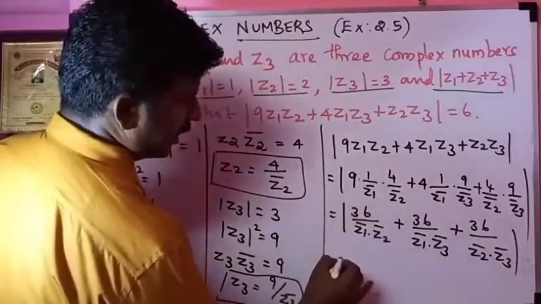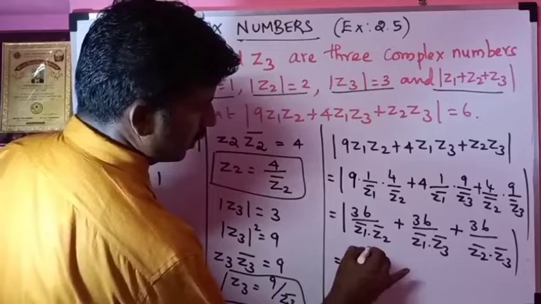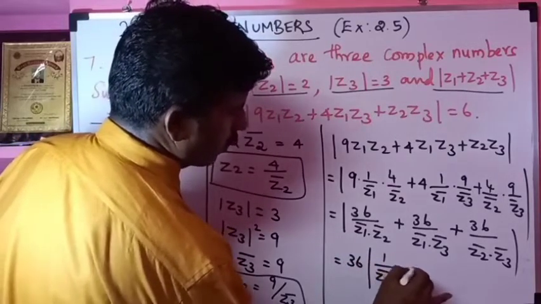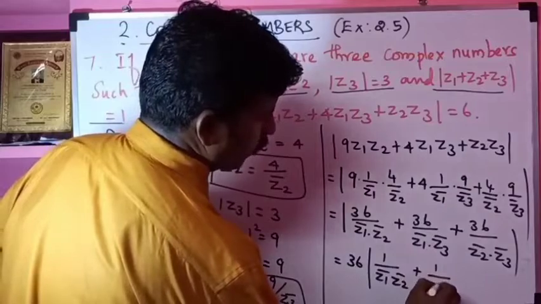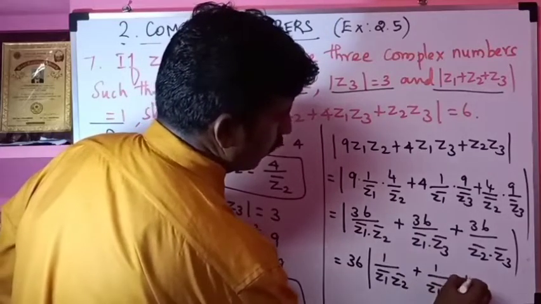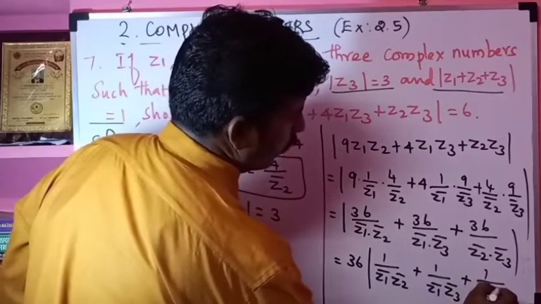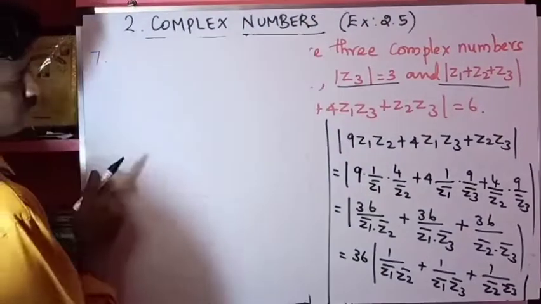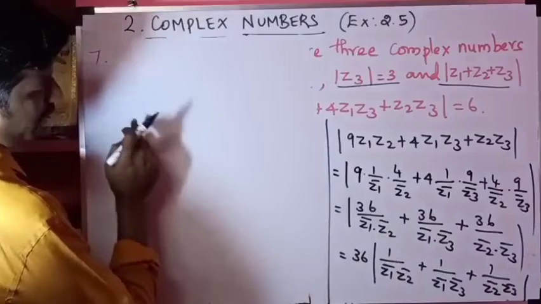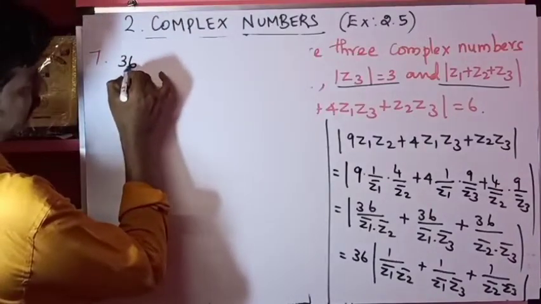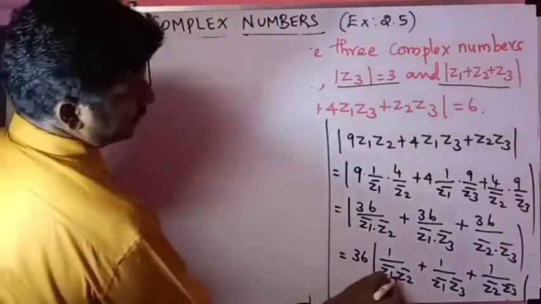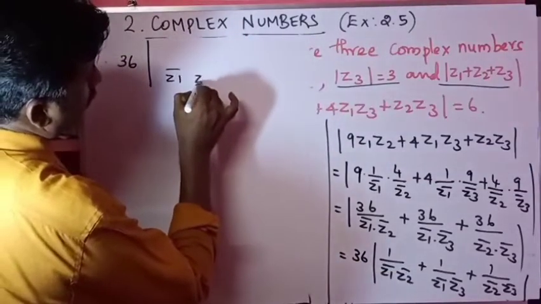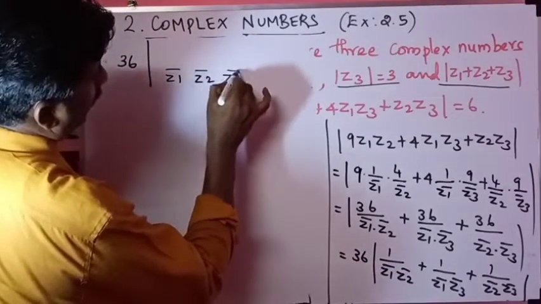Now we take 36 common outside, so 1 by z1 bar z2 bar plus 1 by z1 bar z3 bar plus 1 by z2 bar z3 bar. Right? So this can be written as, now look, 36 modulus, generally I am going to take the LCM, z1 bar z2 bar z3 bar LCM.